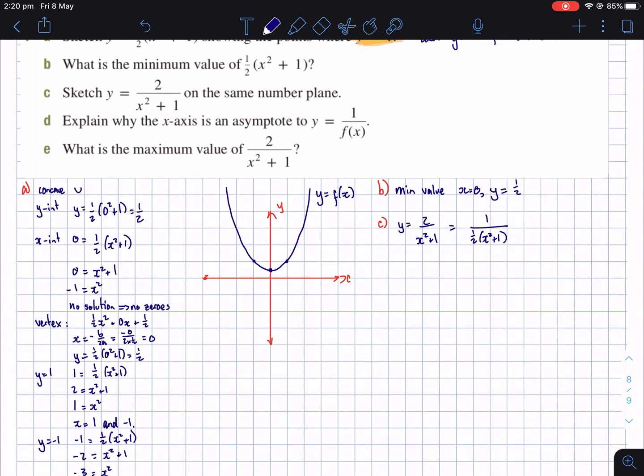So f of x has no zeros. 1 on f of x has no vertical asymptotes.